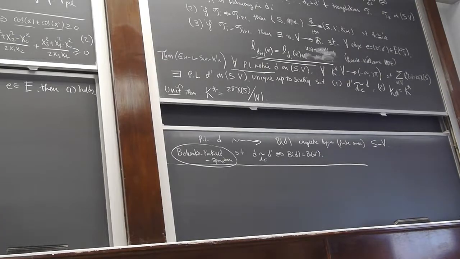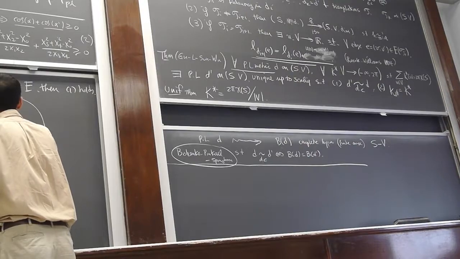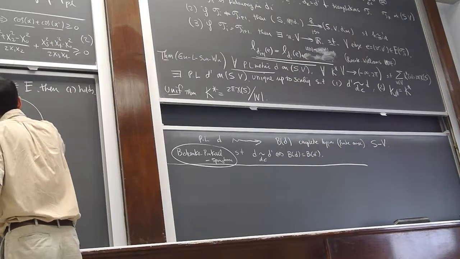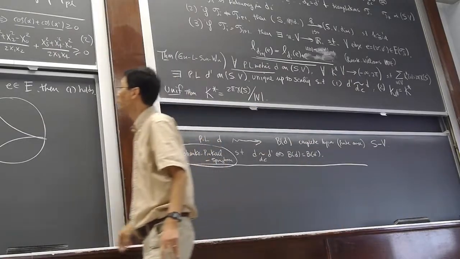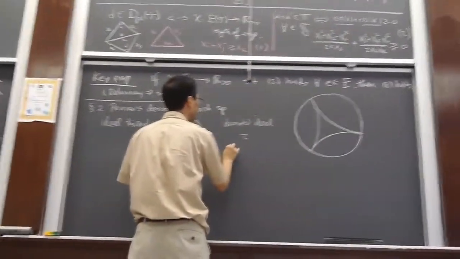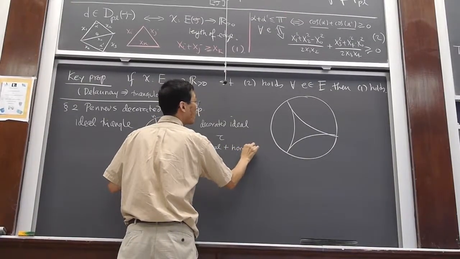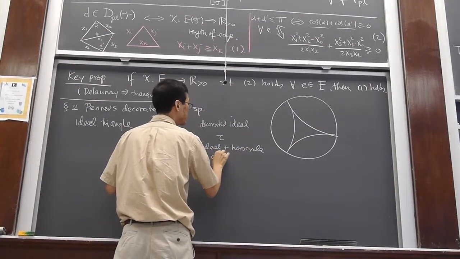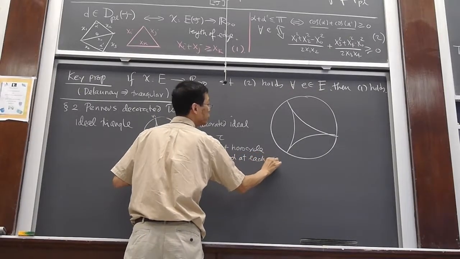And a decorated one, I'm going to call tau, is the following. You take an ideal triangle and you associate to every vertex a horocycle centered at that point. So this is an ideal triangle plus a horocycle centered at each vertex.